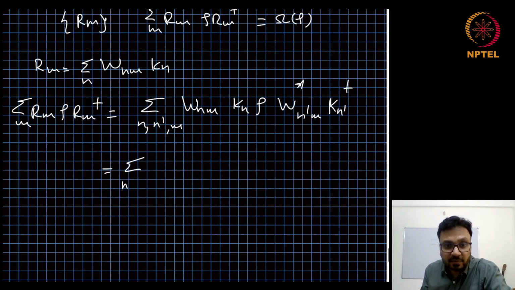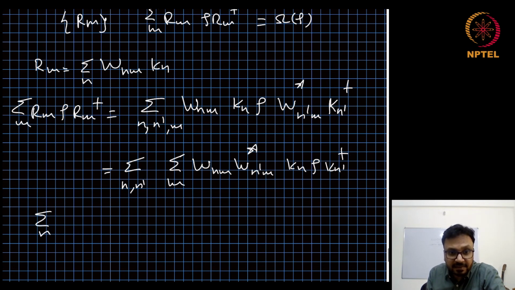We can write it as sum over n, n prime, of sum over m, W_nm W star_n prime m, Kn rho Kn prime dagger.